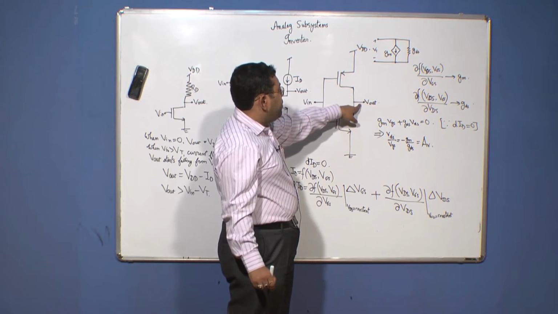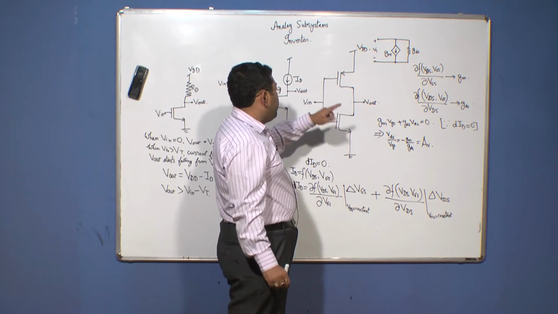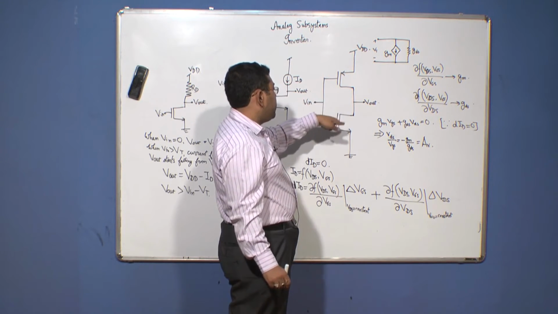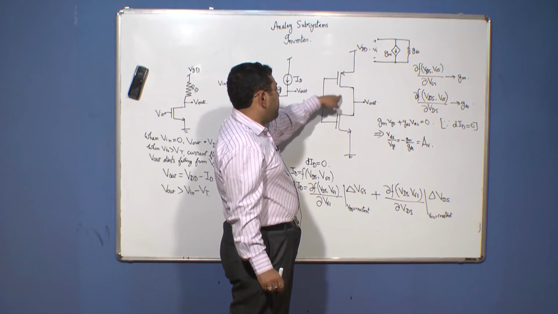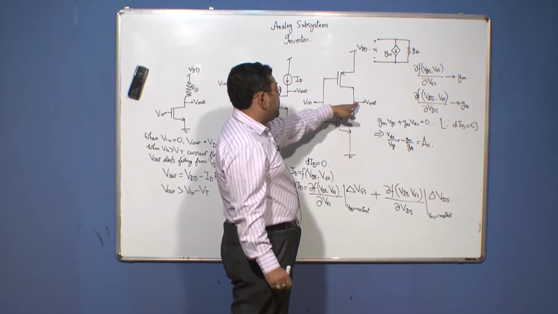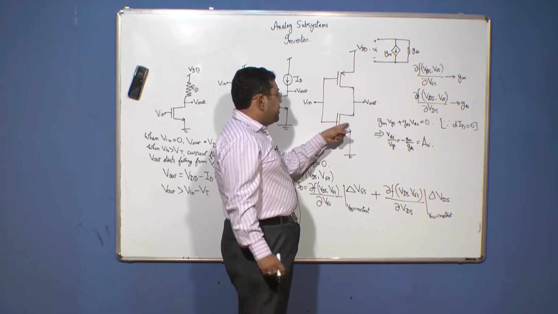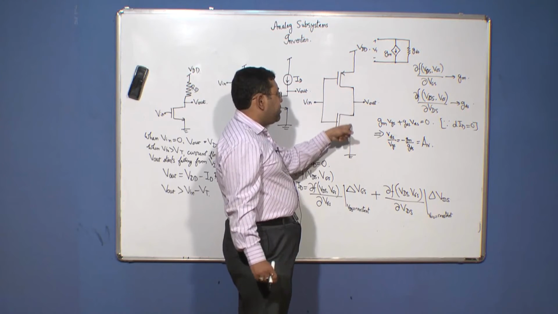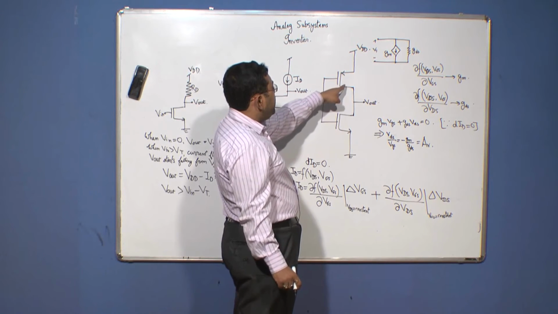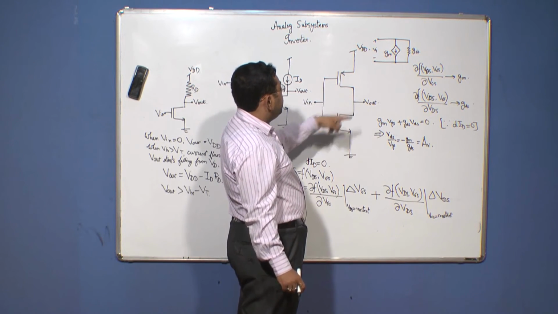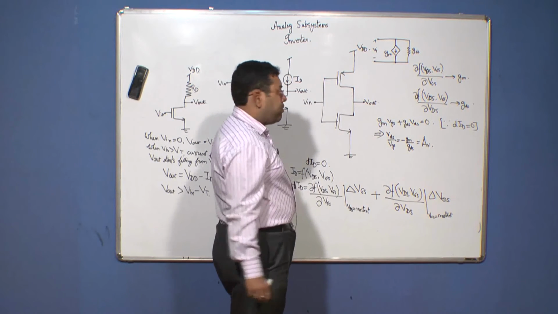As you increase Vin, as soon as Vin exceeds the threshold voltage, the NMOS transistor starts conducting, and therefore current starts flowing through this series combination, and as a result Vout starts falling from VDD. Then a stage comes when both transistors are operating in the saturation region. After that, when Vin becomes greater than VDD plus mod VT, the PMOS transistor goes to the cutoff region.